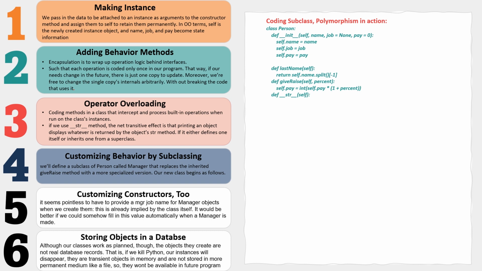Okay, fine. So, the only major OOP concept it does not yet capture is customization by inheritance. In some sense, we are already doing inheritance because instances inherit methods from their classes.